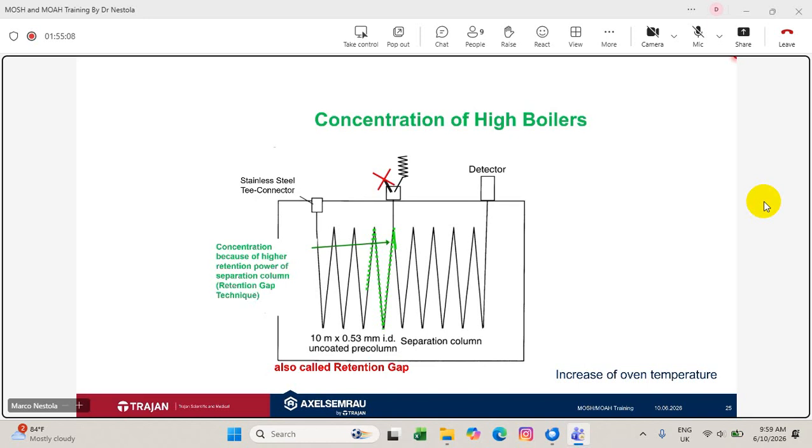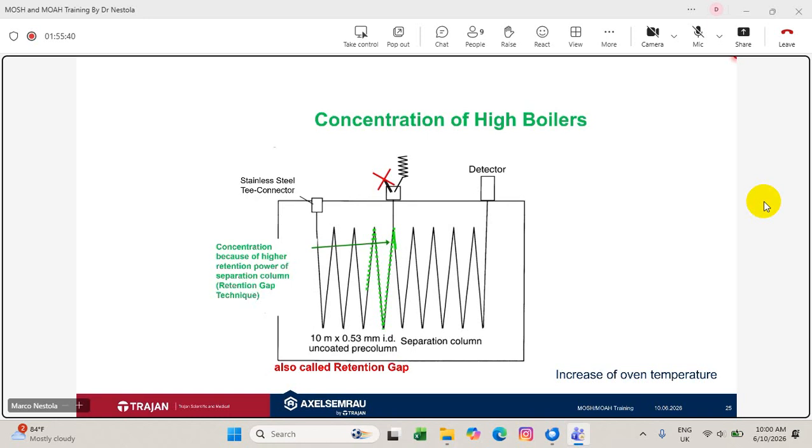Therefore, they are moving quite fast as soon as we are reaching an appropriate temperature, and they will accumulate at the top of our separation column because of the stationary phase. We have no stationary phase here, and we have a typical stationary phase here. So that is what's called the retention gap technique. It's not a fancy name; it is a theoretical background.